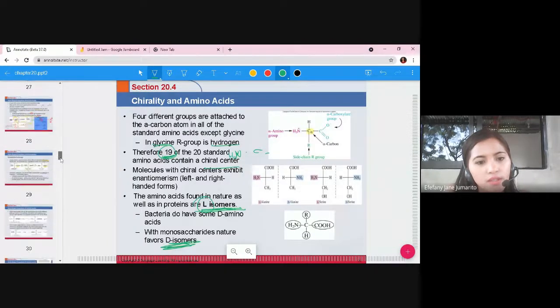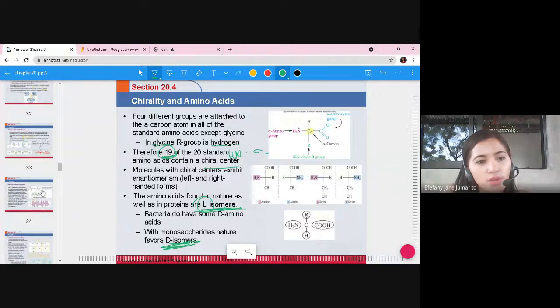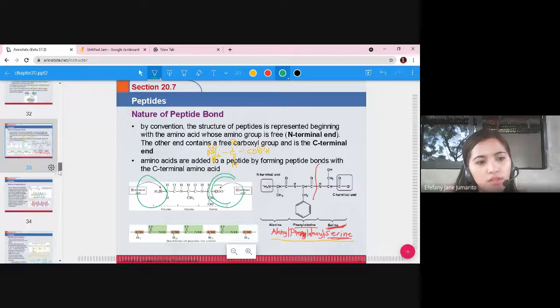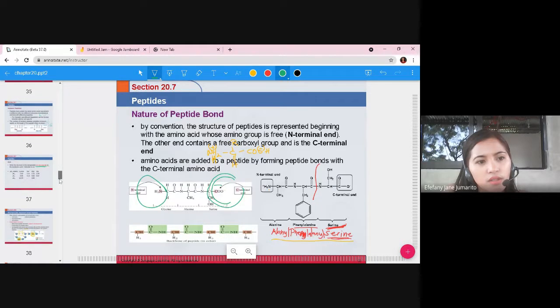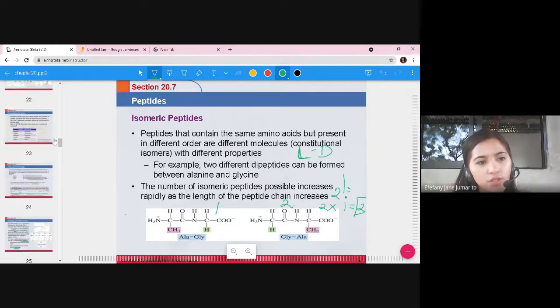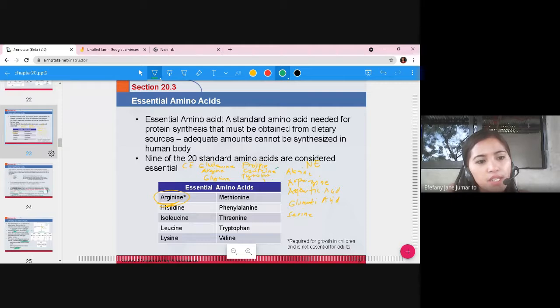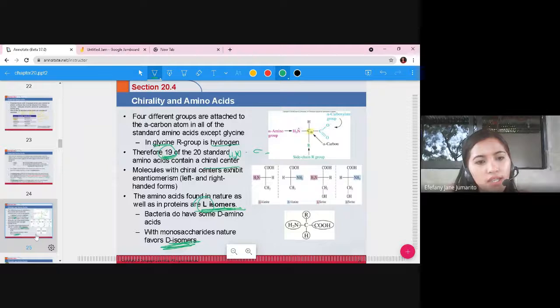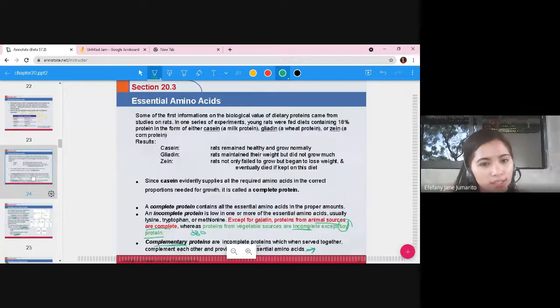Trans configuration. Also we have the polar and the non-polar, then the basic and acidic amino acids. Take note also of that.